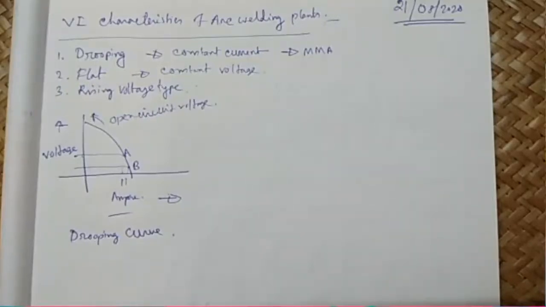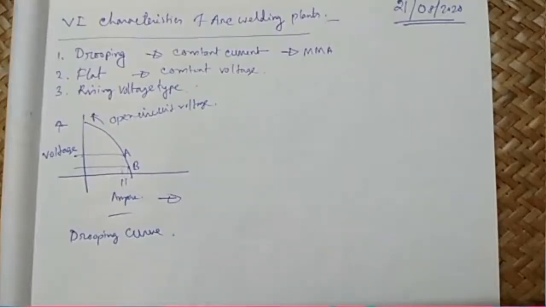B is for shorter arc and A is for longer arc. In such case, the voltage rises but the current changes very little. So to maintain a stabilized arc, the voltage increases and the current remains almost the same or decreases a little. Okay, so that's why it is called constant current.